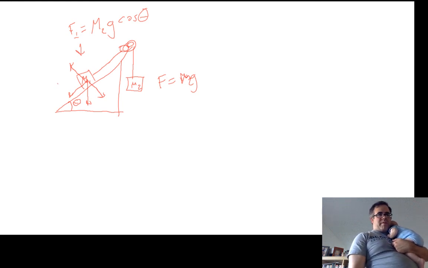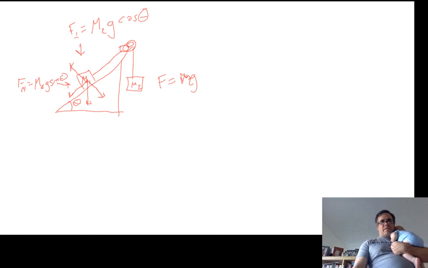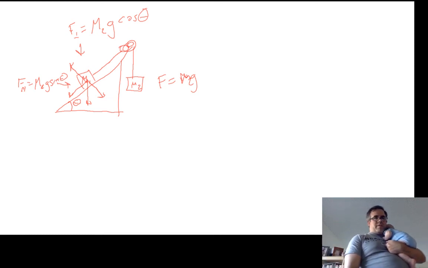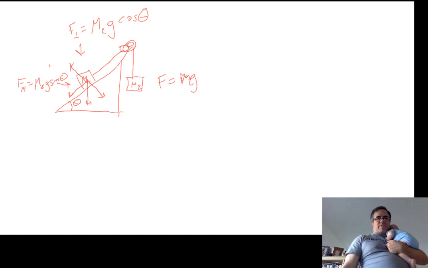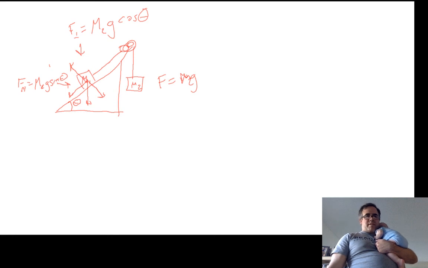And then you have the force that's parallel to the side, so that's going to be m2g sine of theta. Right, and this force and this force are going to oppose each other. So you're going to have to find out, essentially, which one wins.